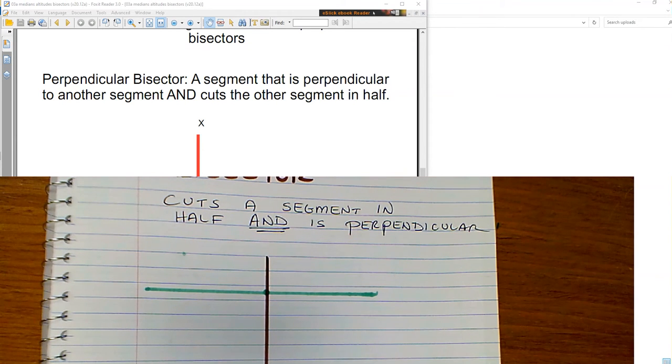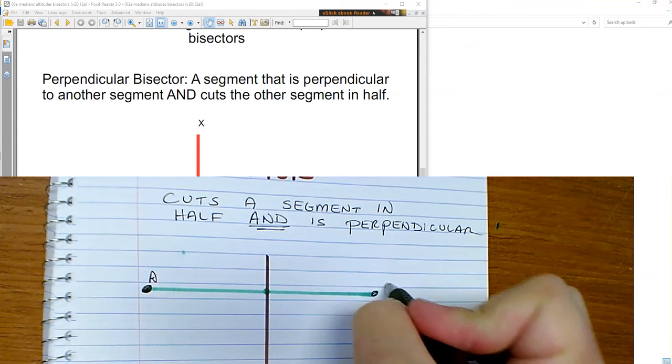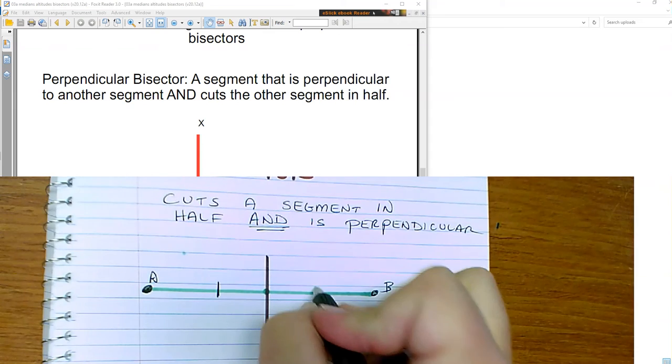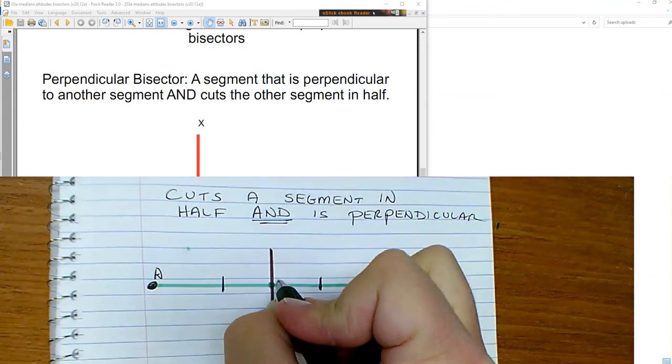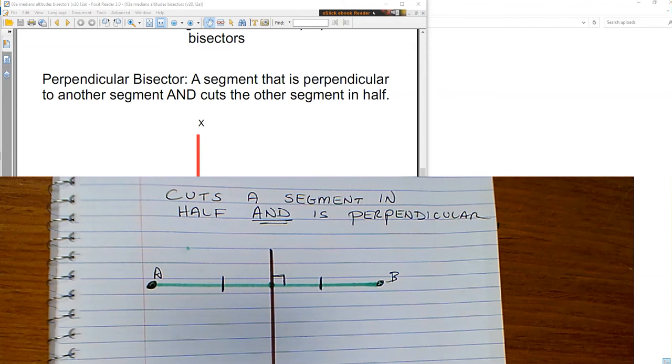That's a perpendicular bisector. So the segments that it created are identical, they're congruent, and it's coming in perpendicularly. It's coming in at a 90-degree angle.